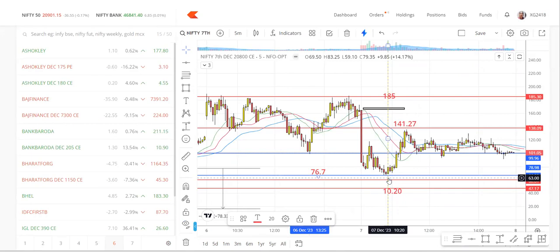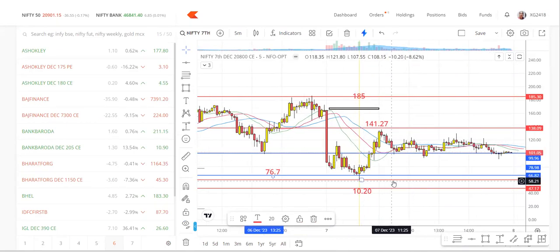But I was confident that it is going to come up, and I was able to capture 130. It moved from 75 to 130. I closed around 130.